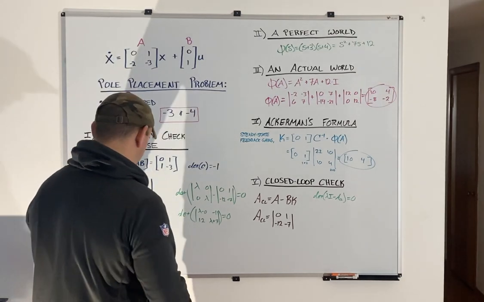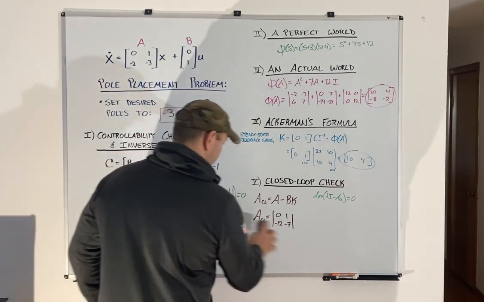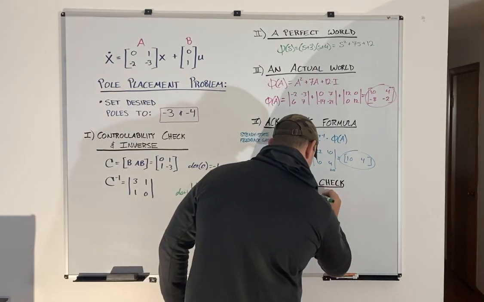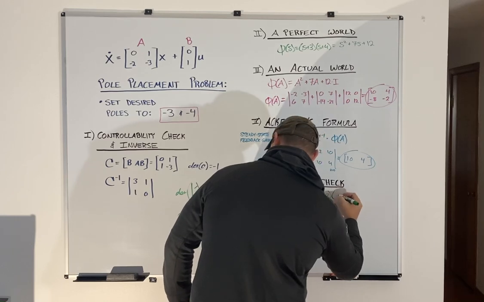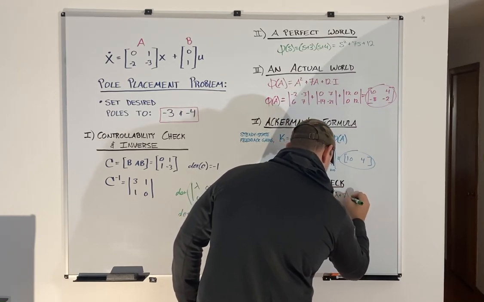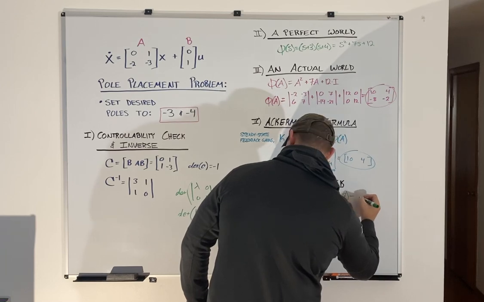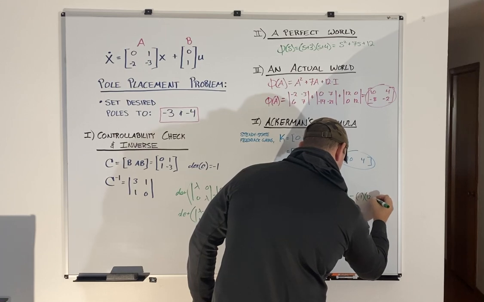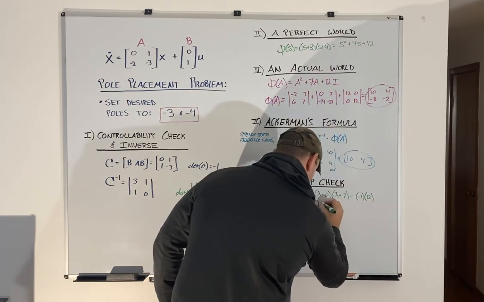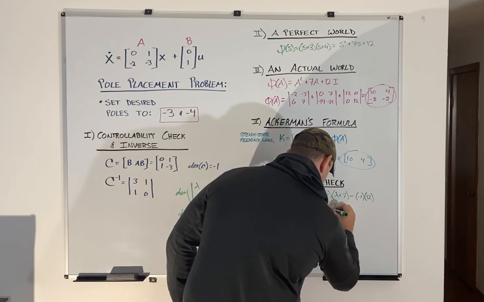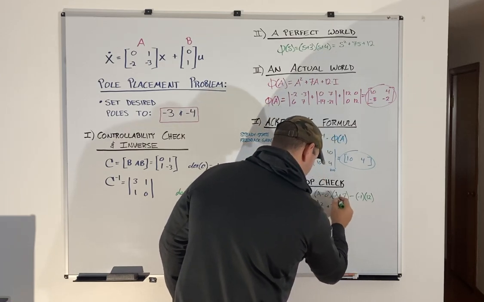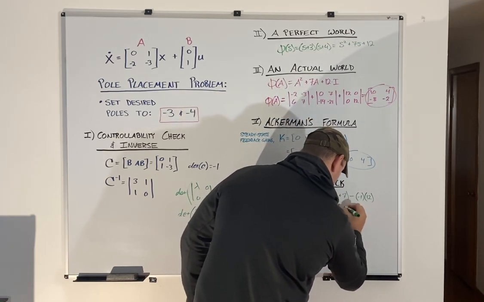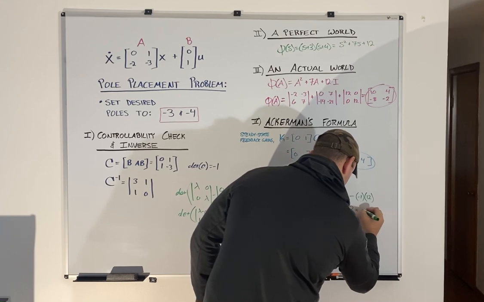So we'll do the determinant check here. It's lambda minus 0 times lambda plus 7, minus negative 1 times 12. That gives lambda squared plus 7 lambda plus 12 equals 0.